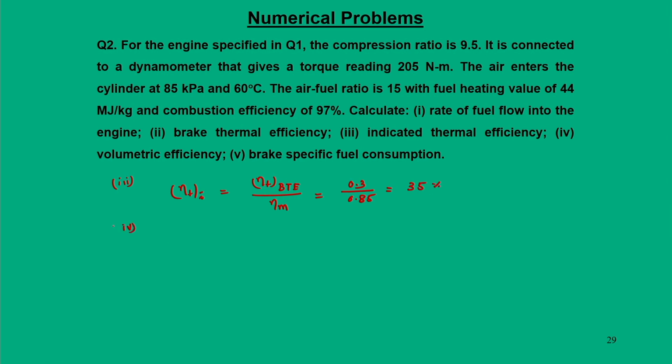Then we need to know volumetric efficiency. We can define it as m A by rho A into V d. The m A, which is the mass of the air, we already calculated as 0.005 kg, rho A, that is the density of air, is 1.2 kg per meter cube, and displacement volume V d is 0.005 meter cube.